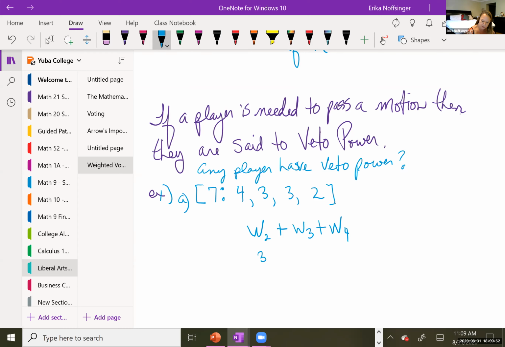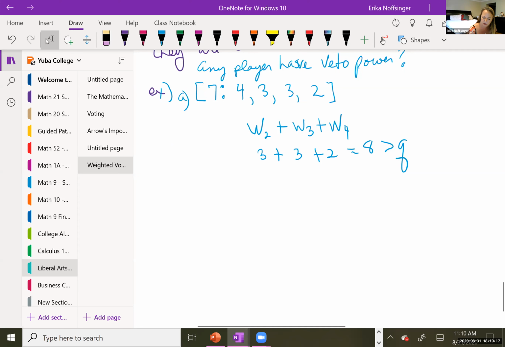Well, 3 plus 3 plus 2 is equal to 8, which is greater than Q. Since they can actually win without player 1, no one in this case has veto power. If player 1 doesn't have veto power, then no one else is going to have veto power.